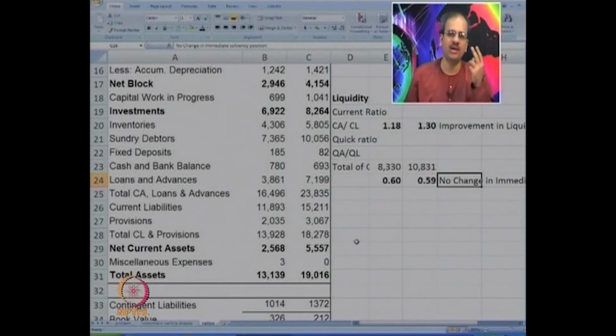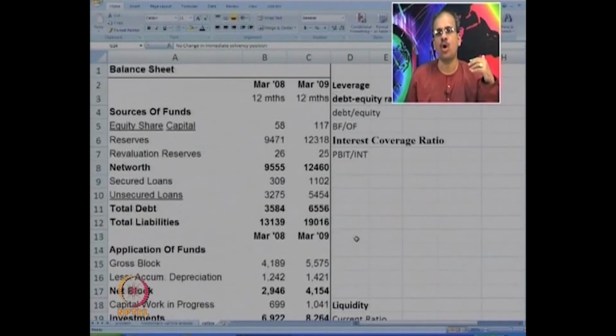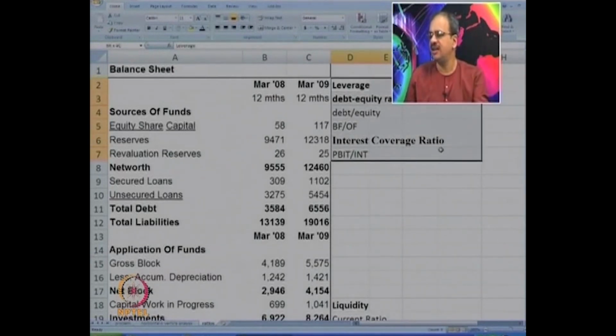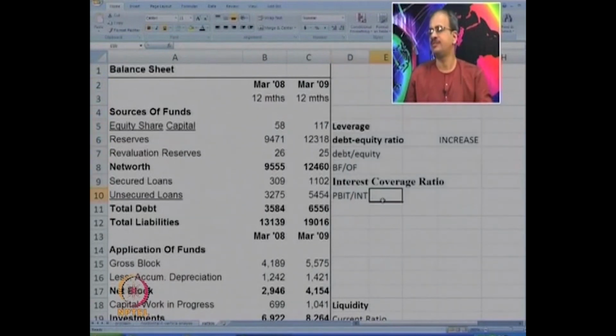So, we have calculated two ratios from the liquidity category. Next, we will go to long term solvency, which are also known as leverage ratios. The first important ratio in that category is, do you remember? One important ratio in that category is debt equity ratio. The formula is debt upon equity or borrowed funds upon owner's fund.